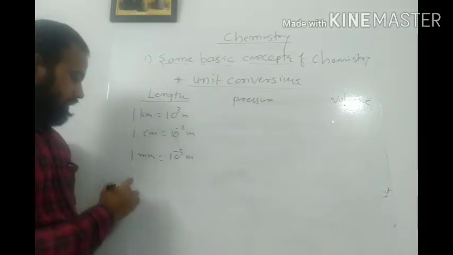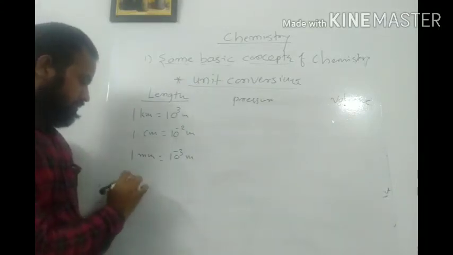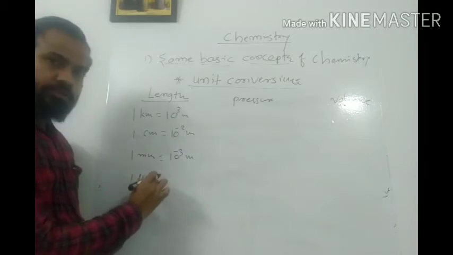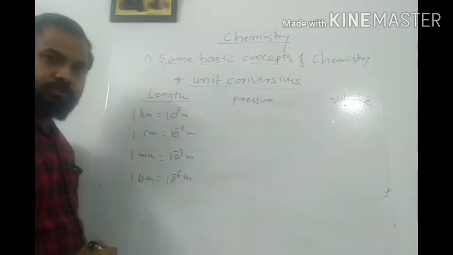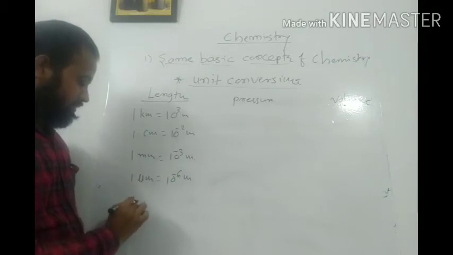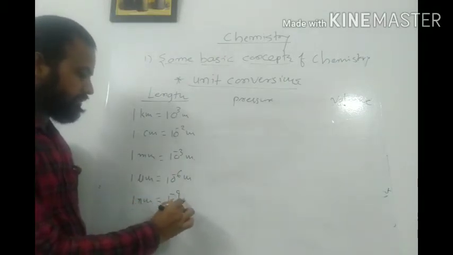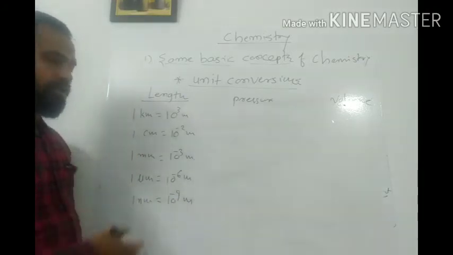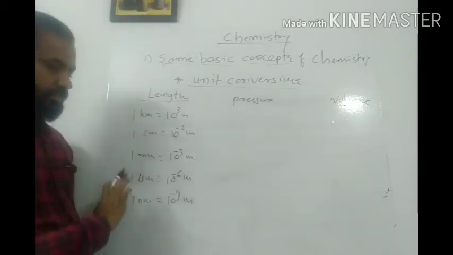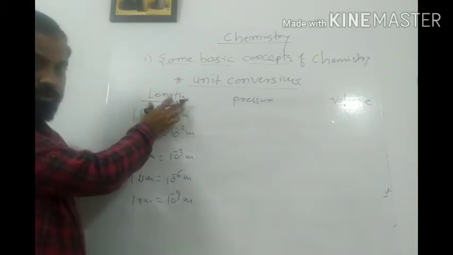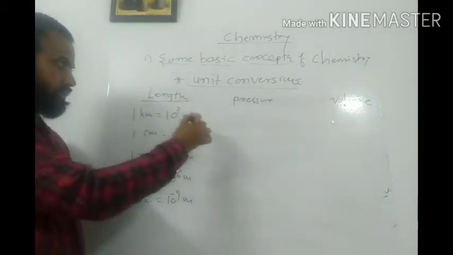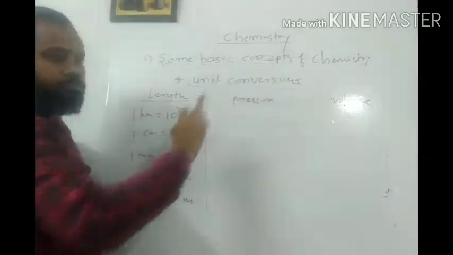Similarly, 1 micrometer is equal to 10 raised to minus 6 meter, and 1 nanometer is 10 raised to minus 9 meter. So these are the units of length only. Then in the next sections we will see pressure and then volume.